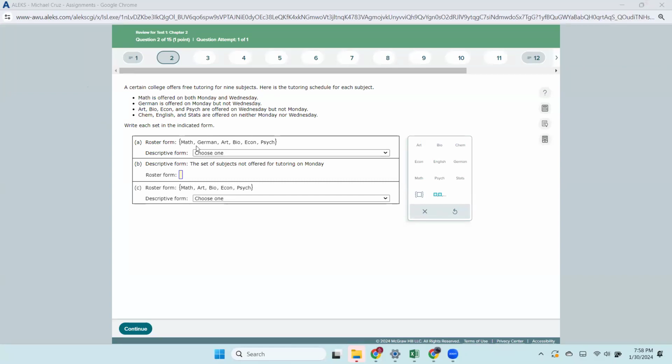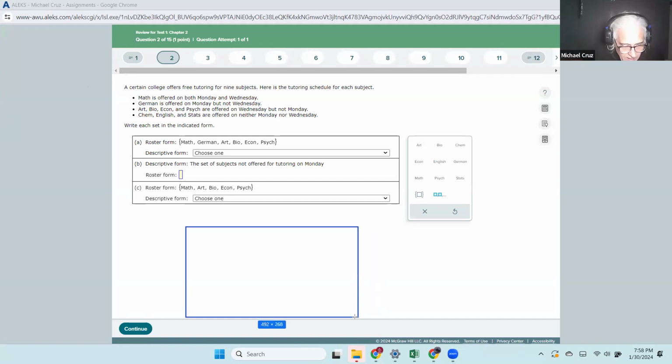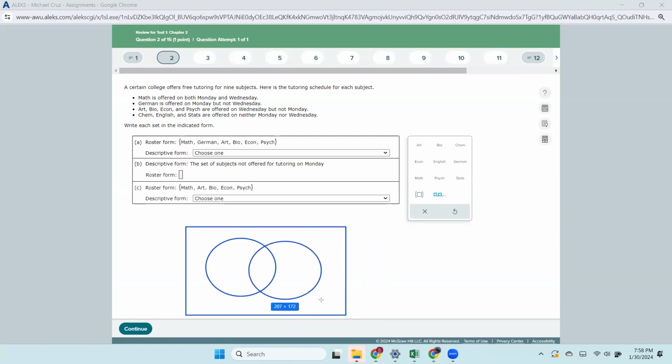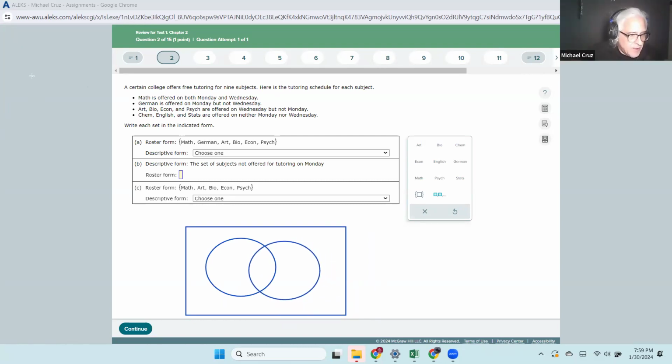All right. Now, it would help if we draw out a diagram, the Venn diagram. It would really help. So this is about tutors, and there's a tutor schedule.